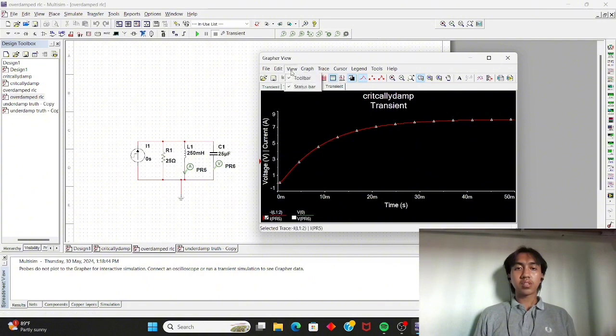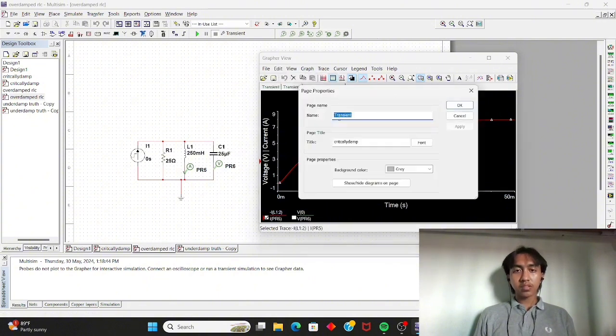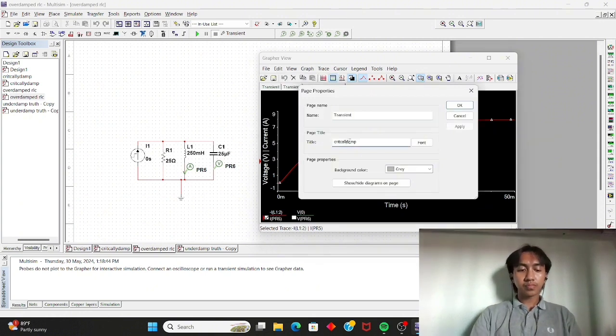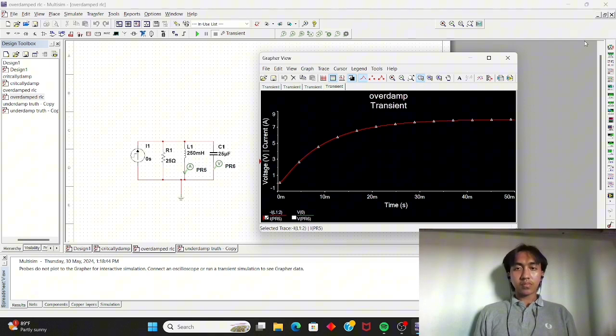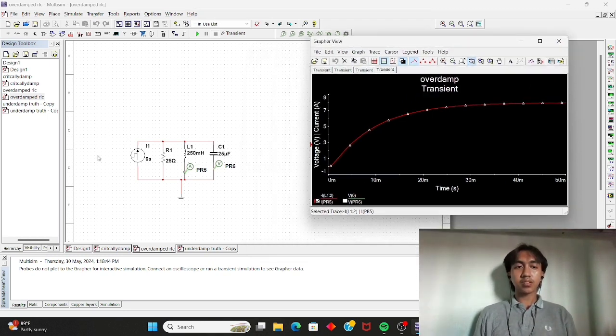I must edit this name to overdamped. Okay, this is the overdamped circuit. We must still use 8 ampere. So this is 8 ampere.